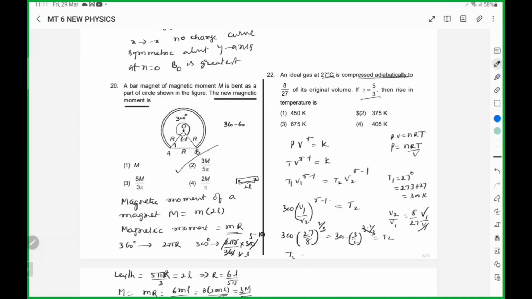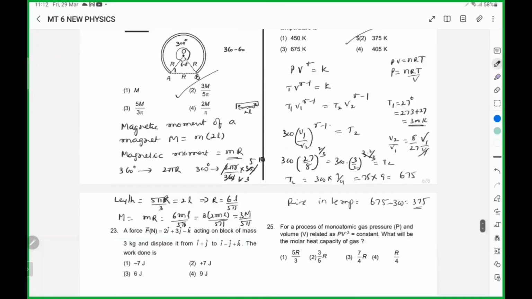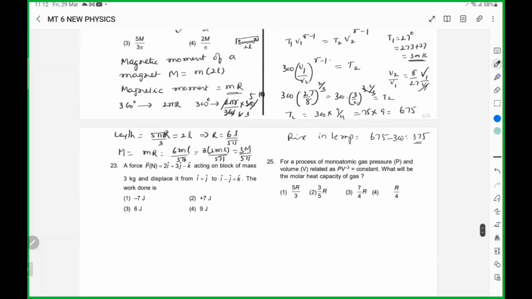That is, T2 will be 300 into 9 by 4, which is 675. Then the rise in temperature, originally 300 Kelvin, so the rise will be 375. The second option is correct.